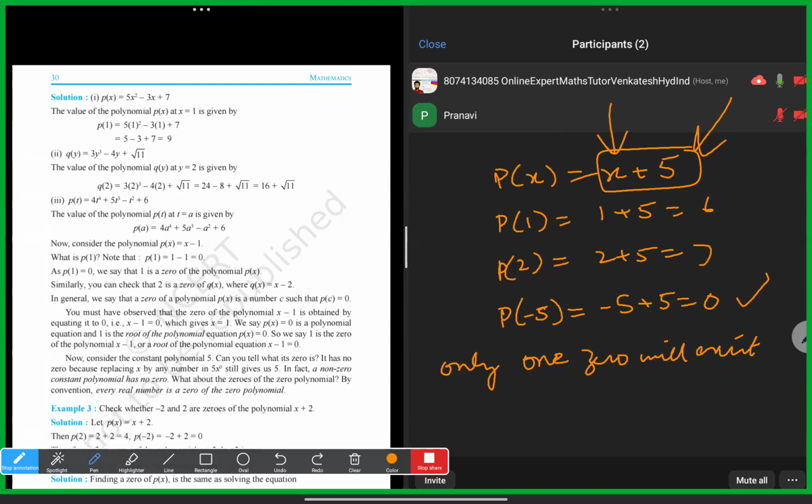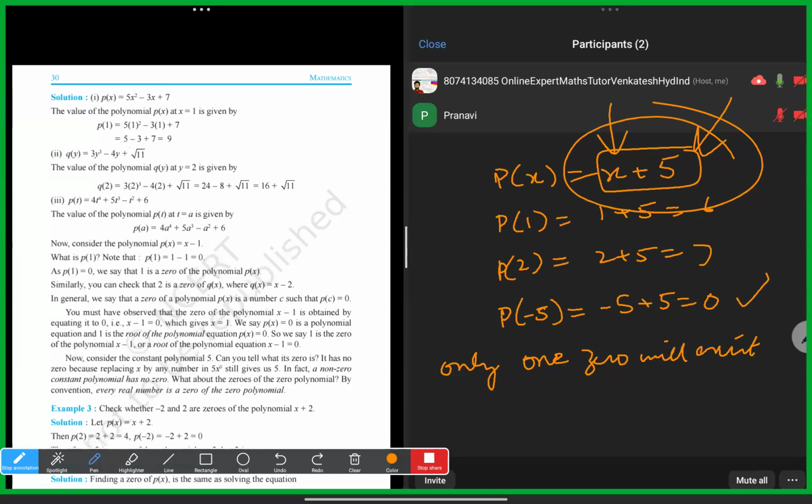Only for x equal to minus 5. So minus 5 is called a zero of the polynomial. Students get confused, thinking zero of the polynomial means the x value should be 0. No. We substitute some x value for which the polynomial result is 0.